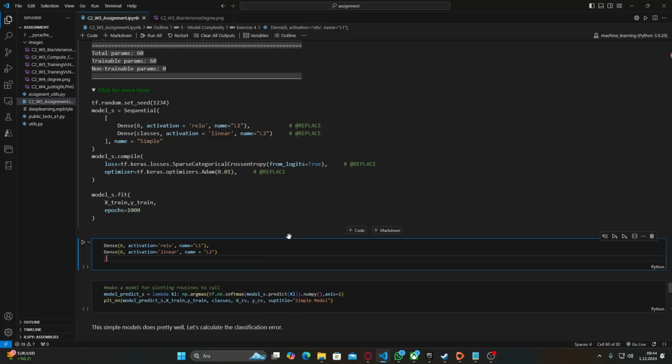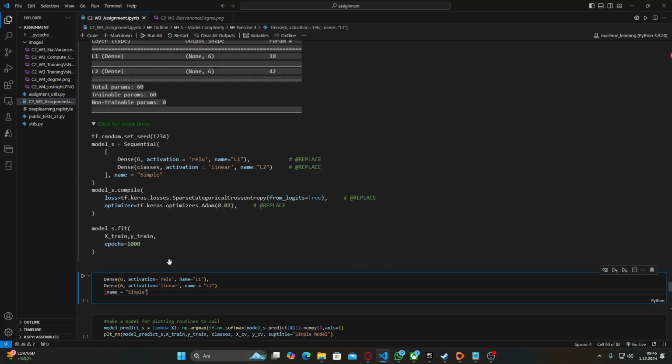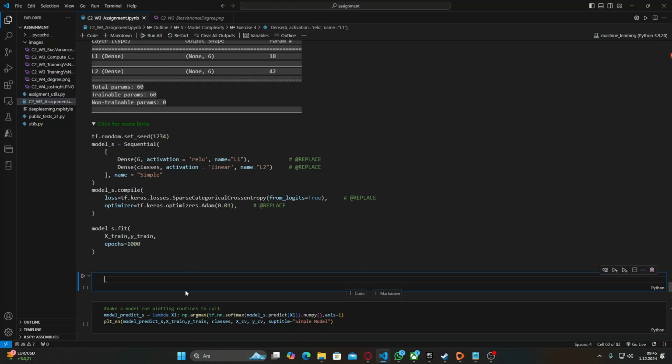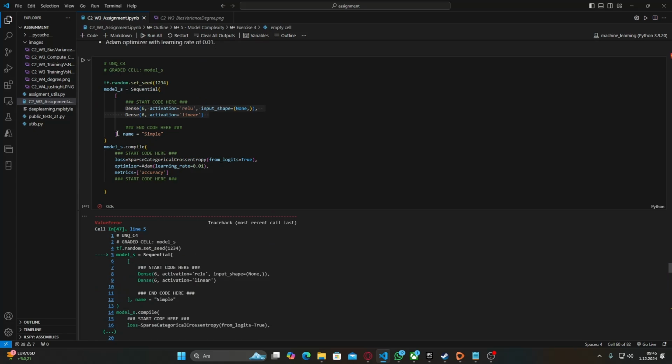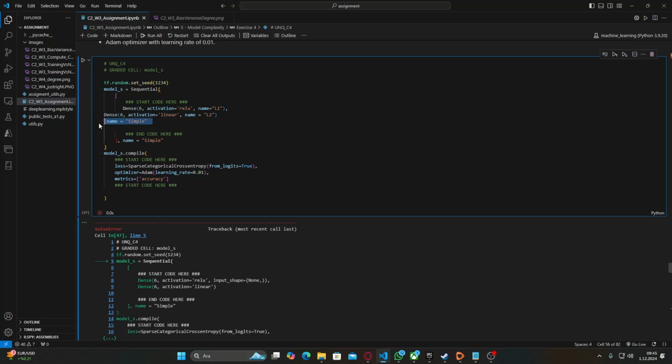Okay, name equal simple. Let me copy it. Actually, okay, the name input 6 is here, so I'll just paste it in here. I have to delete this one.